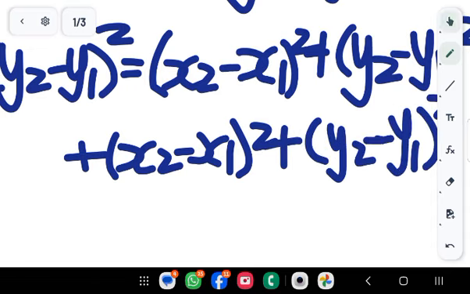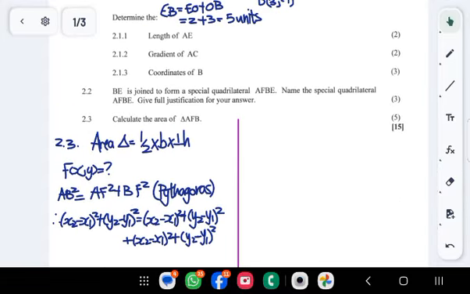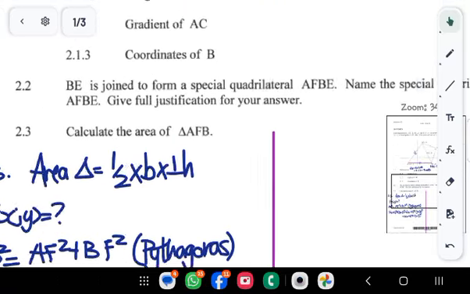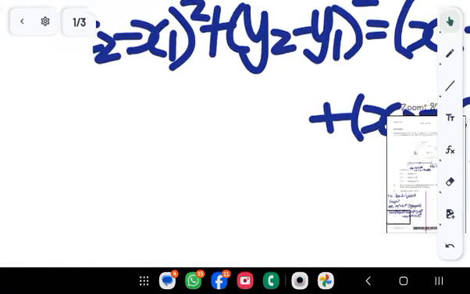Now let's substitute. The points for AB are 1 minus 3 or 3 minus 1. It's up to you how you want to do that.